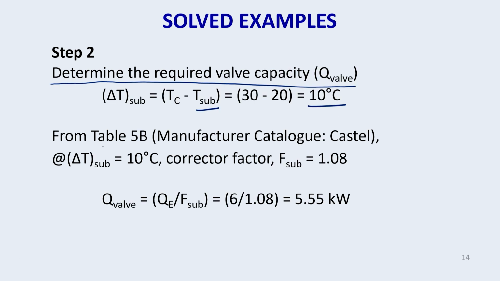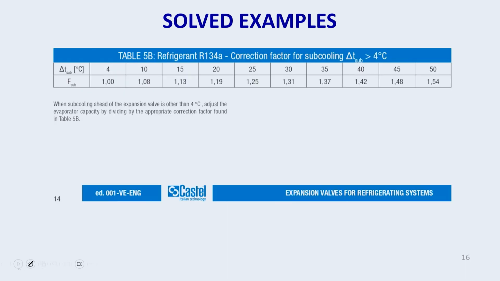And from table 5b of the manufacturer catalog, Castle, I have taken the table 5b. Here you can see the delta T of subcooling.